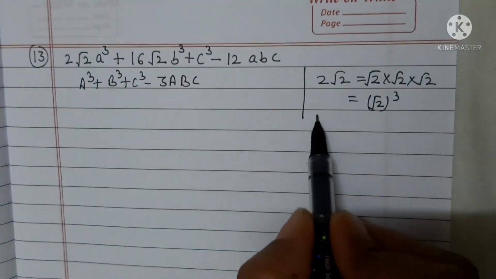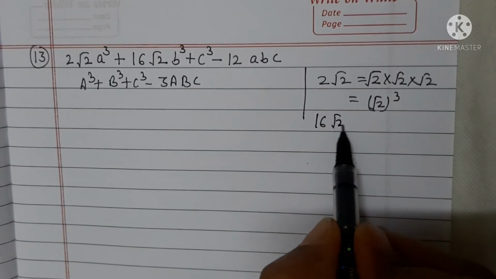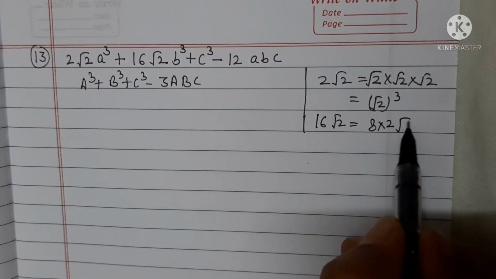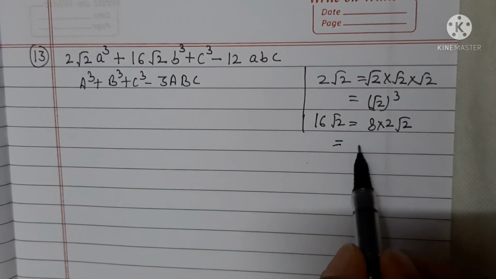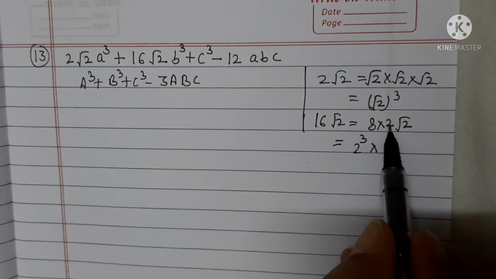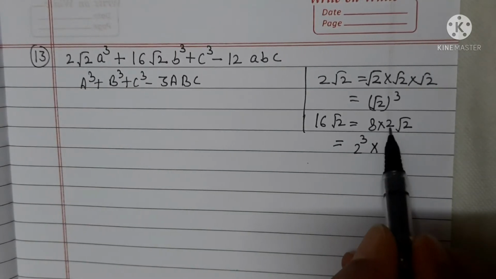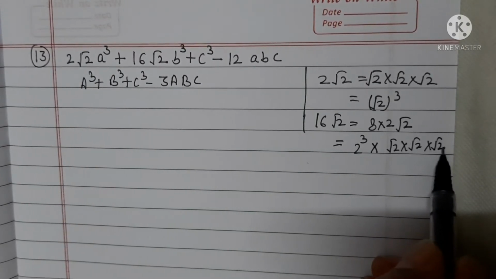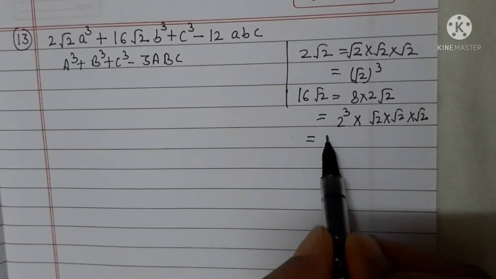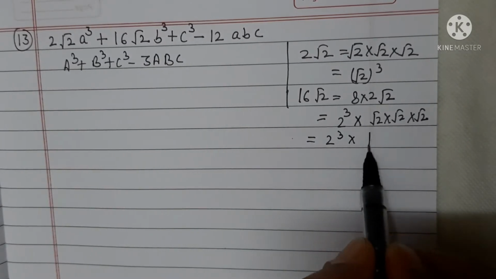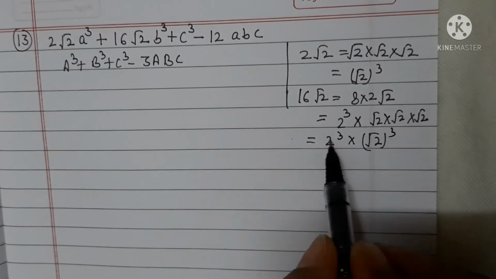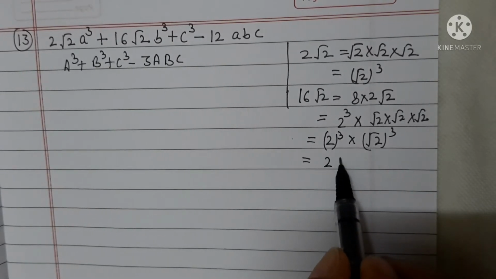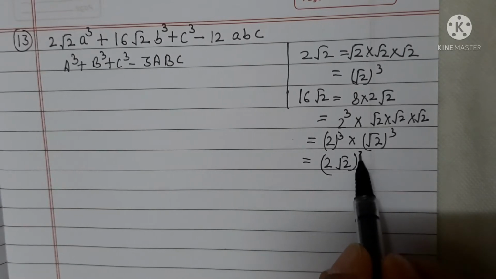And see the 16 root 2, you can write it 8 into 2 root 2, and 8 means 2 cube, and 2 means root 2 into root 2 into root 2 into root 2. So this becomes 2 cube into root 2 cube, or you can write it combined as 2 root 2 whole cube.